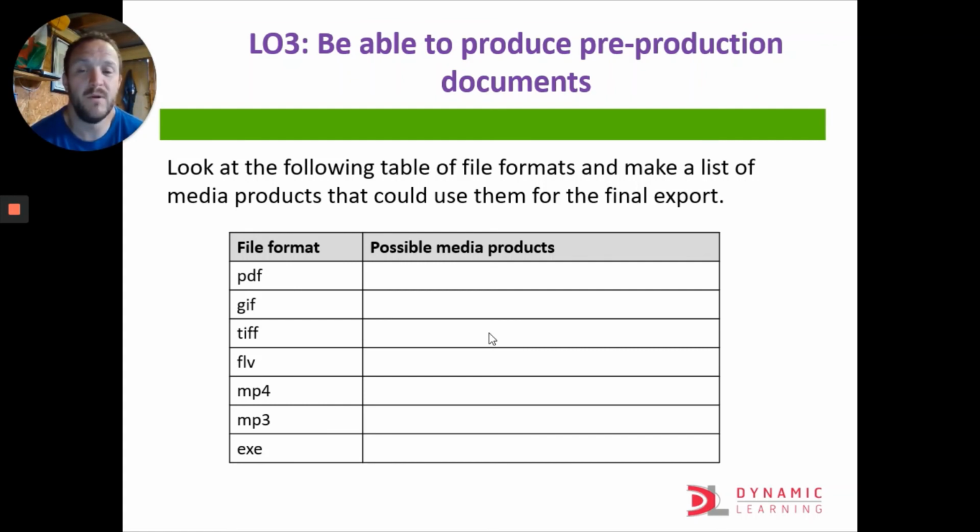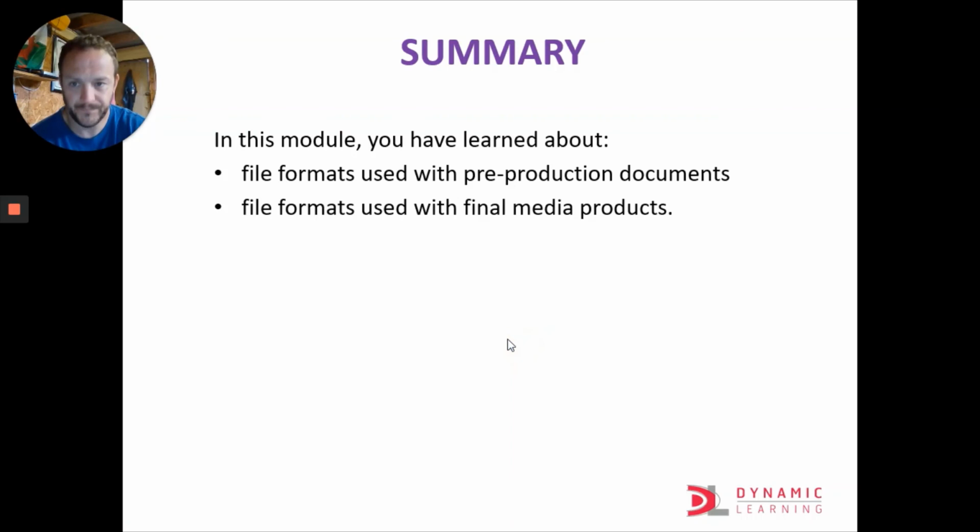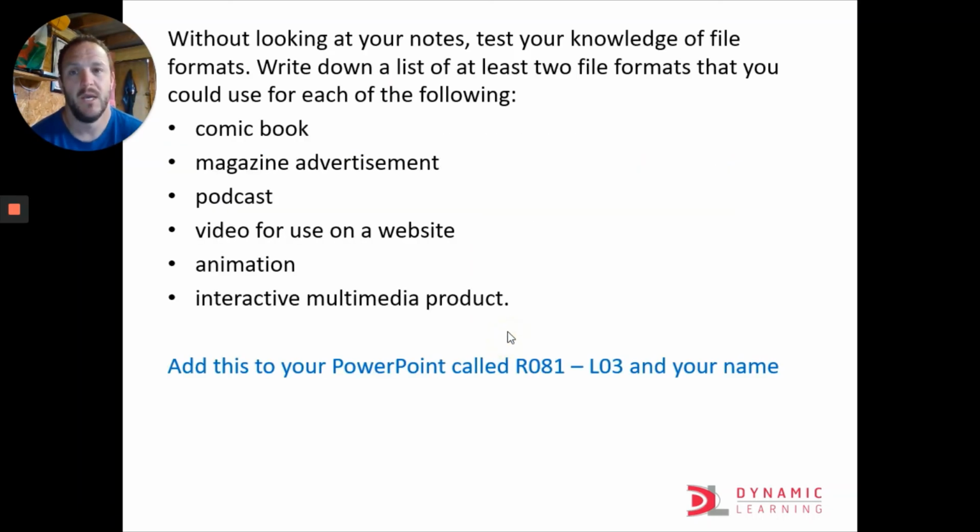And by media product, I mean a movie, a record, a DVD, a video game, a magazine. That's a media product. Okay. So across this lesson you will have looked into file formats used within pre-production and file formats used within final media products.